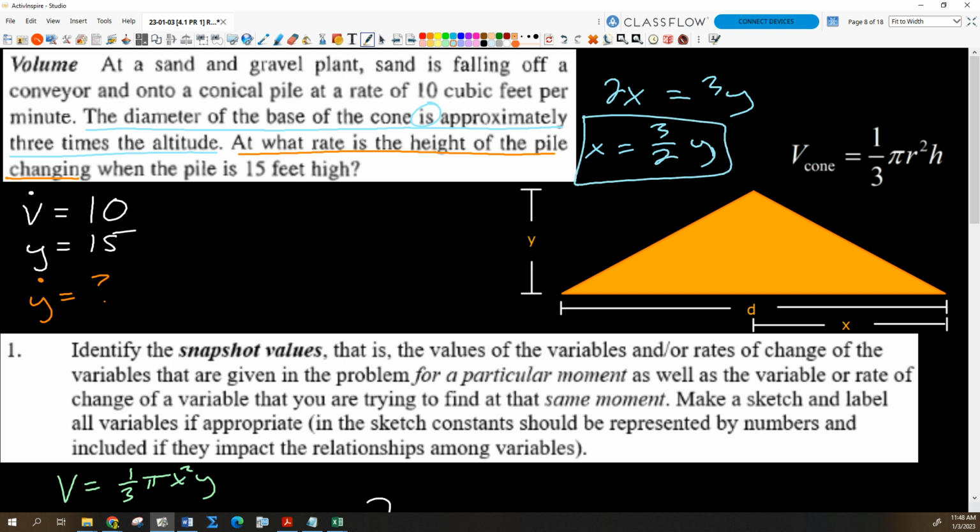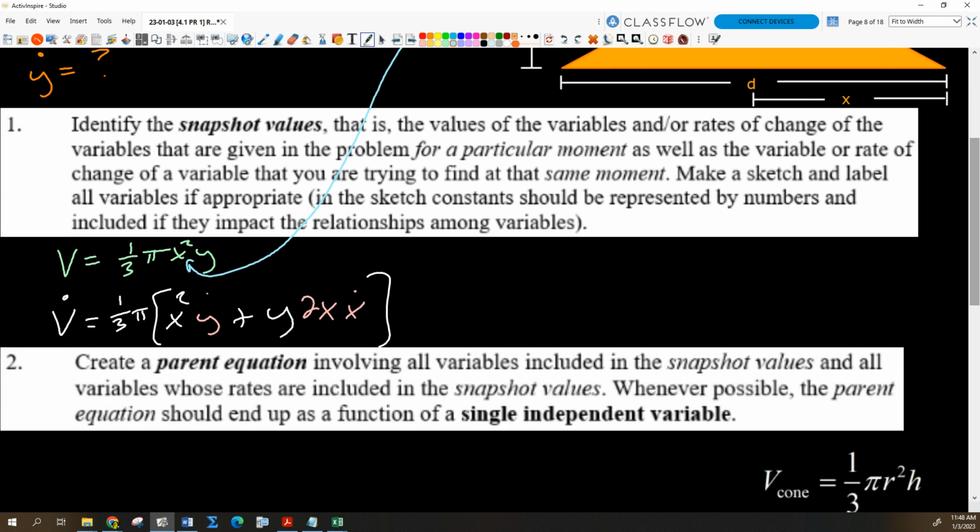So if I solve that for x, x just equals 3/2 y. And look what I can do. I can make a substitution then. I can substitute that right in there. And if I do that, life's going to be a lot better, isn't it?